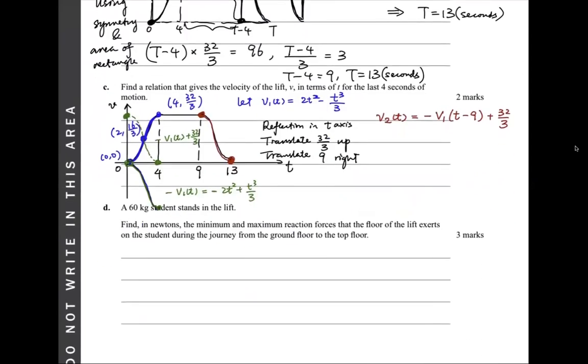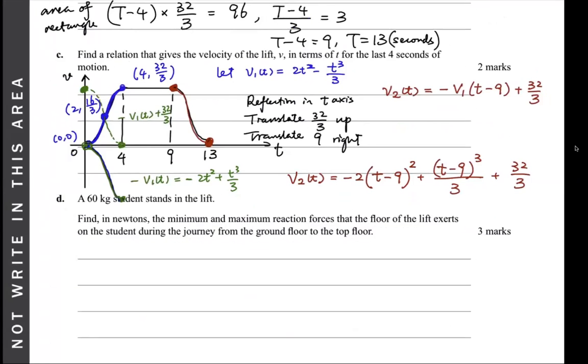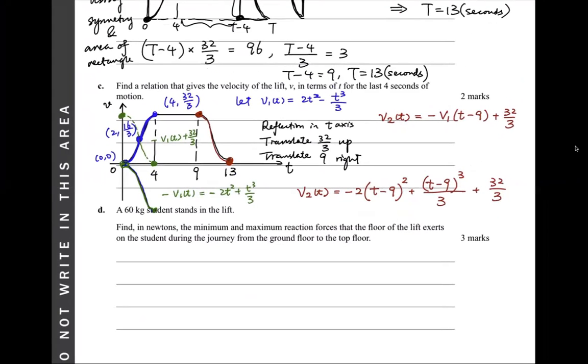Therefore, the required relation, well, I didn't simplify this one, but it's still mathematically correct, I believe: minus 2 bracket t minus 9 squared plus t minus 9 bracket cubed over 3 plus 32/3. Your CAS calculator should be able to simplify this for you in a nicer form. Also, we should notice one thing here.